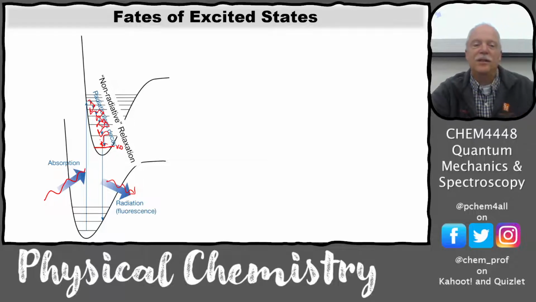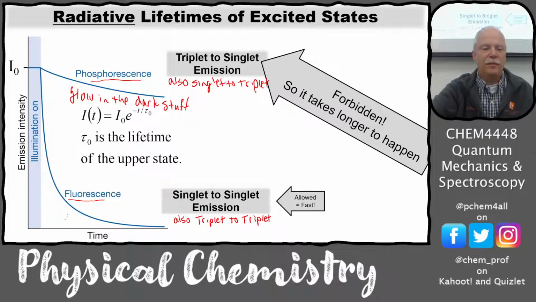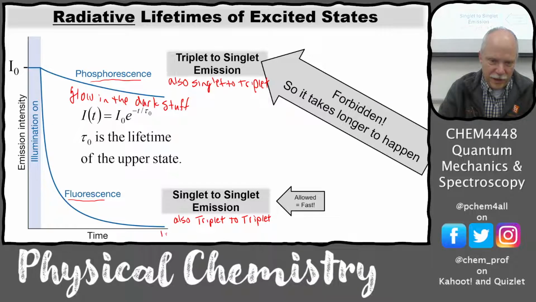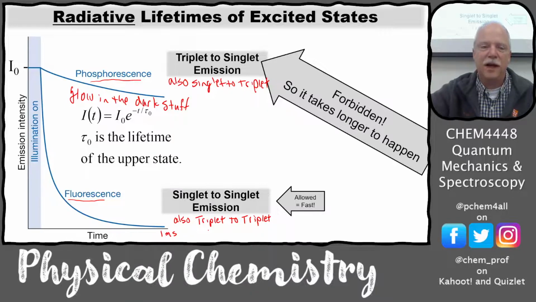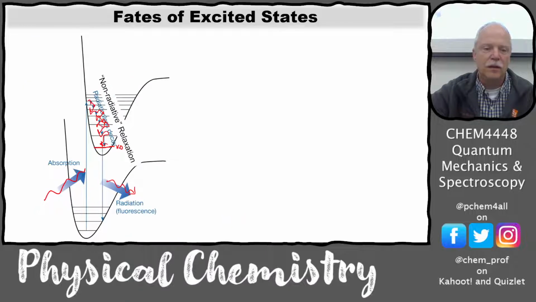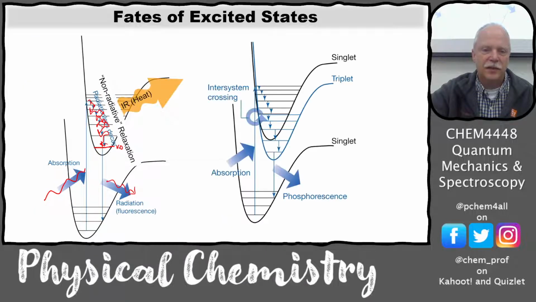This happens incredibly fast. Remember earlier, look how fast it happens. We don't really have a time scale on here, but this may be 1 millisecond or even less, 1 microsecond. So it's out of there, and then the rest is given off as heat.